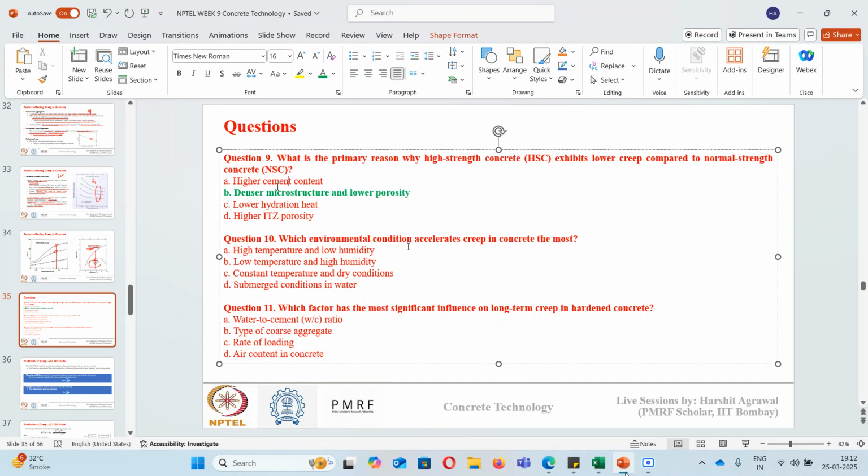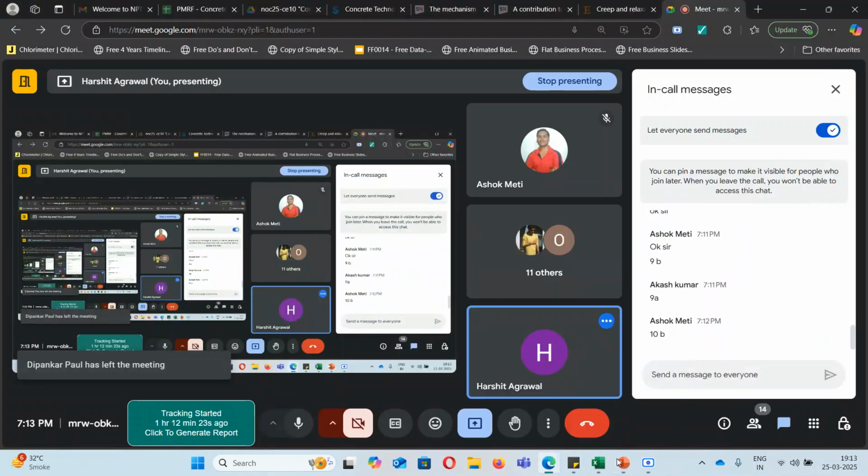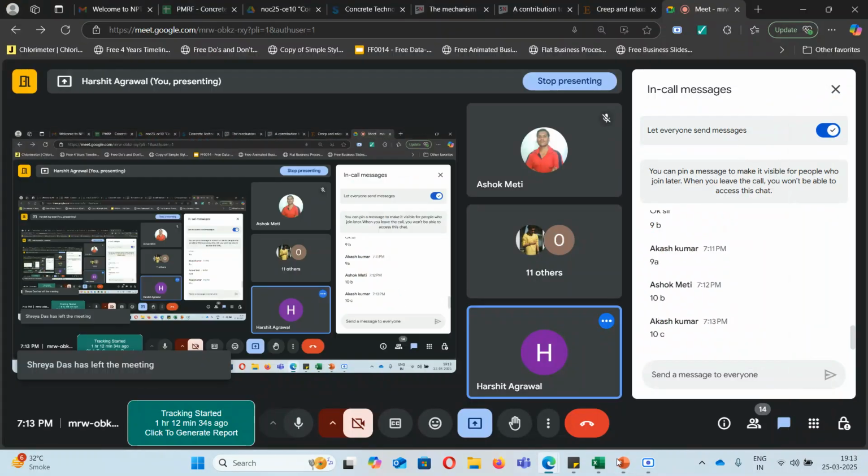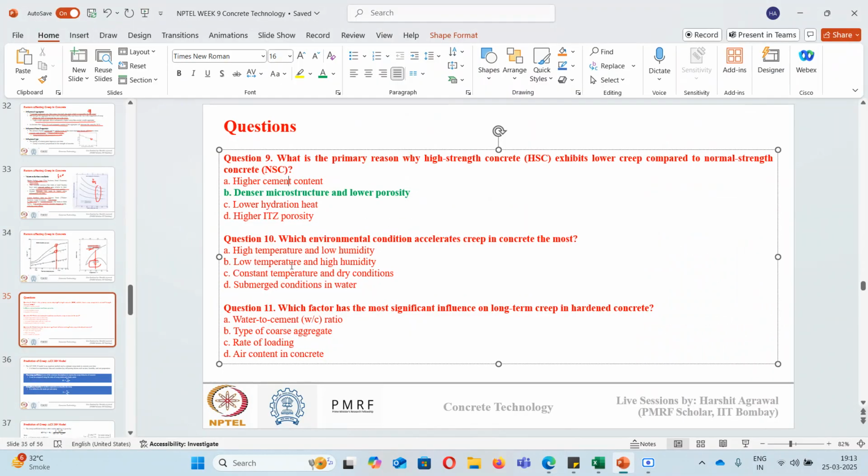Now, second, which environmental condition accelerates creep in concrete the most? For the 10th, the correct answer will be A. Why?